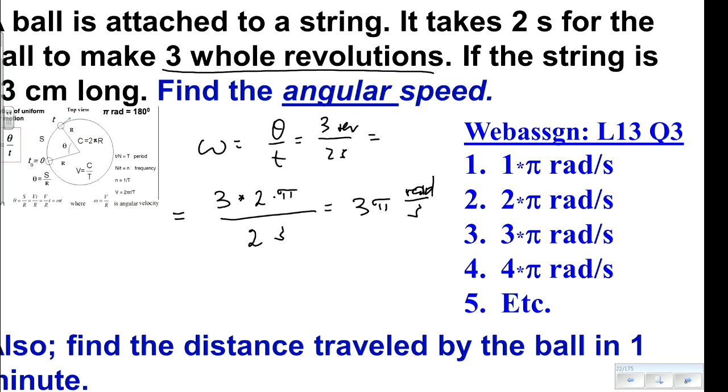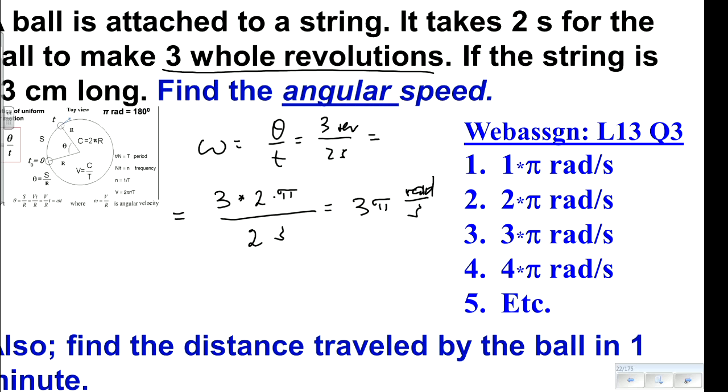If you know that it takes, let's say, 5 seconds to travel 60 degrees, angular velocity will be 60 over 5, but it will be degrees per second. If you know that it takes 2 seconds to make 1 complete revolution, a revolution is an angle.